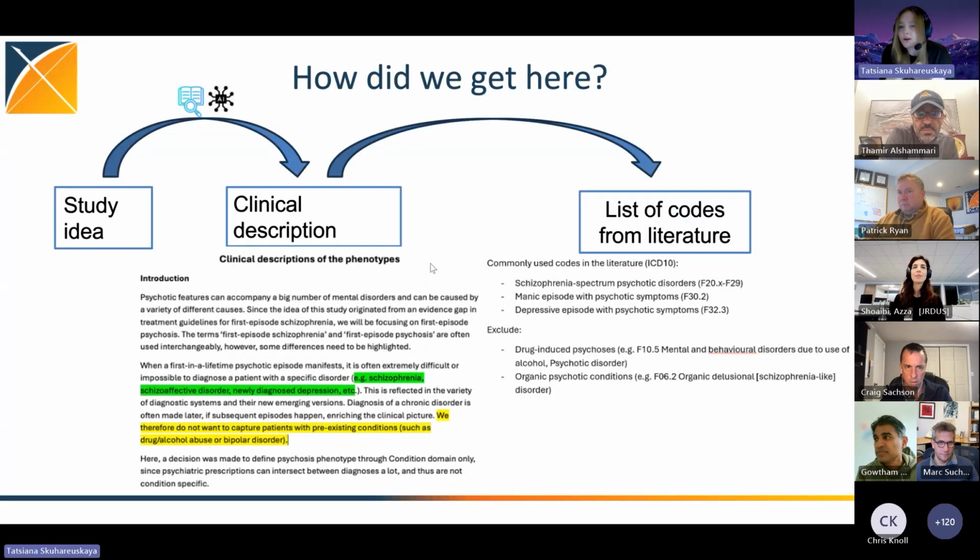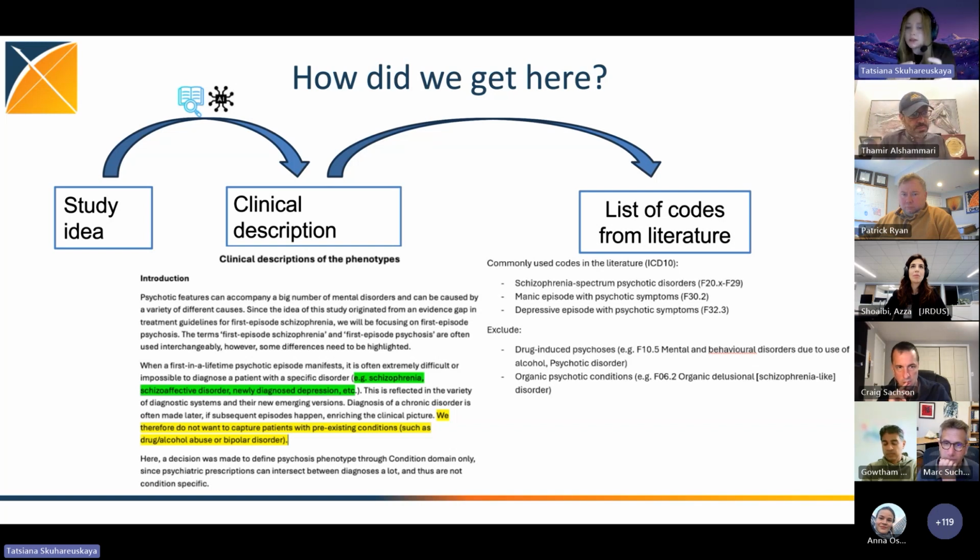Anna has already talked a bit about how we arrived to where we are now. I'm just going to reiterate that currently we have clinical descriptions of the phenotypes that we want to build, and using AI logic as well as literature search, we came up with those descriptions.